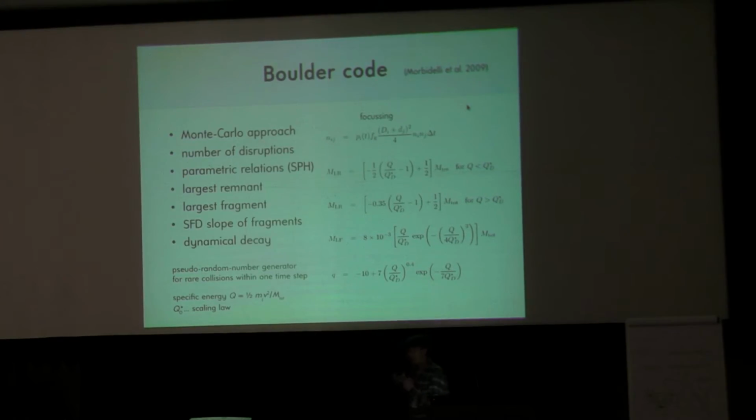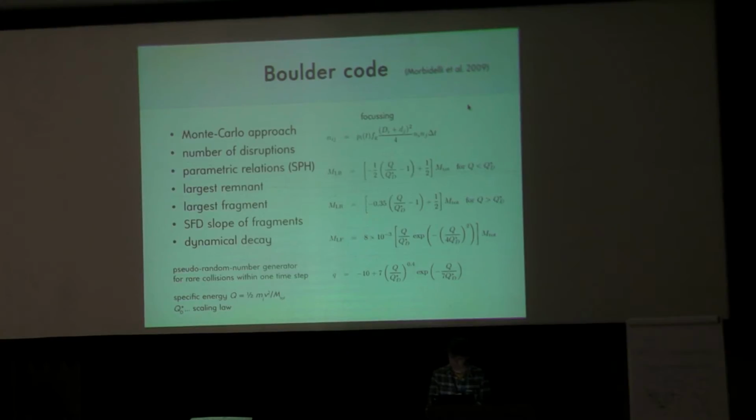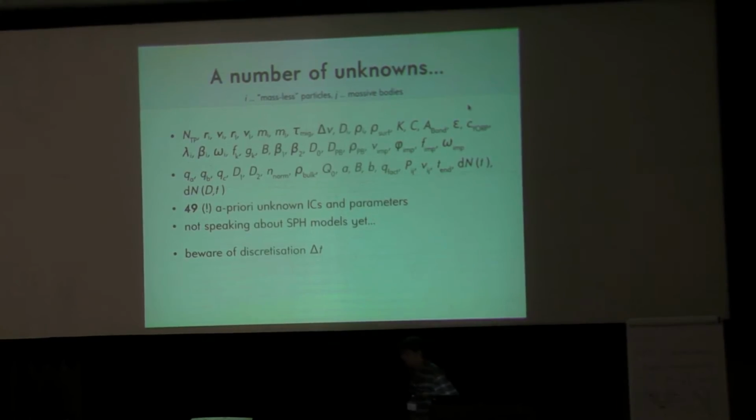The mass of the largest fragment, where the size frequency distribution starts to rise quickly, and the slope of the size frequency distribution q. So these were taken from Benz and Asphaug SPH experiments, and we now take them as granted at this time. Okay. So that's the number of unknowns.